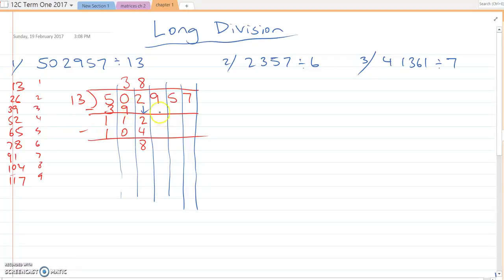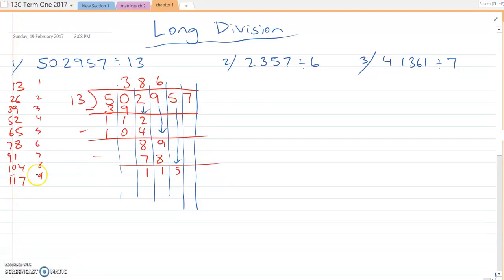Okay, so we know that 13 doesn't go into 8, so we drop the next number down, the 9. 13 into 89, let's look over here, that goes 6 times. Okay, 6 times 13 is 78. Make a line, minus that, and we've got 11. Okay, we know that 13 doesn't go into 11, so we drop the next number down, which is 5.